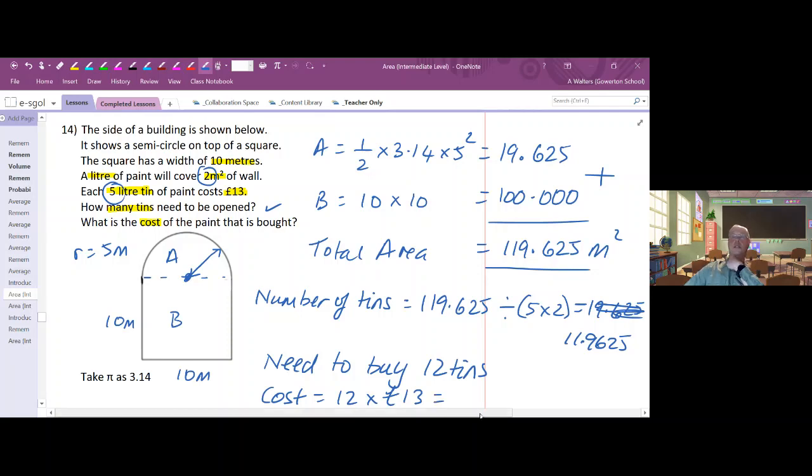Okay, and you might need to do long multiplication there, or you could do 10 13s. If I do this, so like in a separate pen, 10 13s are 130. 2 13s are 26, and if I add those, we've got £156.